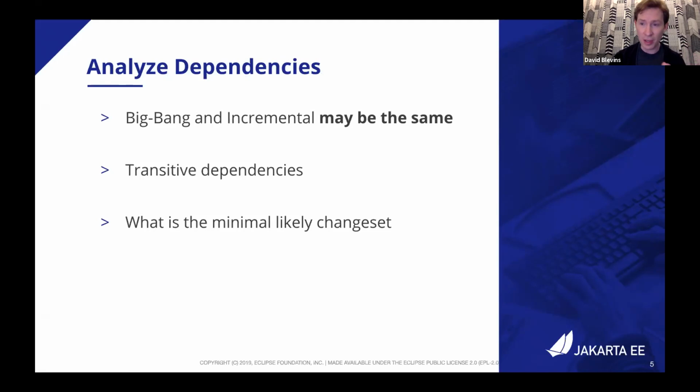I did a big push on that last night, and I'd really like to show you some of that early data. But ultimately what we need to figure out is if we changed the most popular specs, say CDI, JAX-RS, Bean Validation, these types of things, what is the downstream effect of that change?